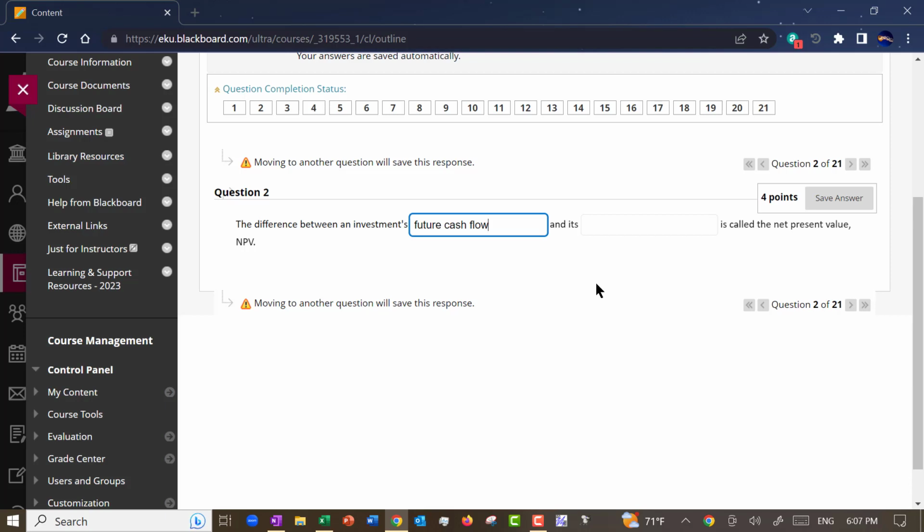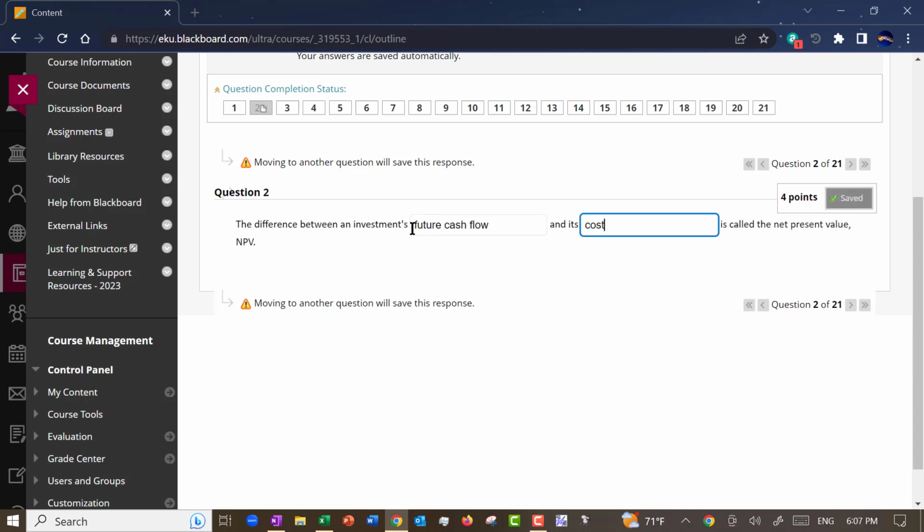The difference between an investment's future cash flow and its what? Well, just cost. That's why we call it net.